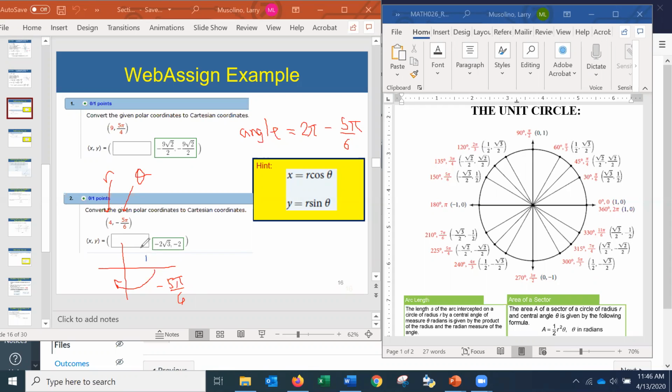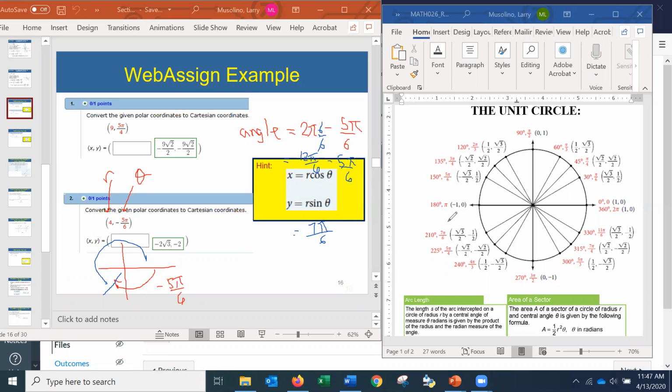So we want to figure out this blue angle. All right, well, I need the same denominator if I'm going to subtract. So let me go ahead and multiply this first fraction times 6 over 6. That means our angle is going to be 12 pi over 6 minus 5 pi over 6. That's how we get 7 pi over 6. Yep, that's it. So keep the denominator the same. So our angle that we want is 7 pi over 6.